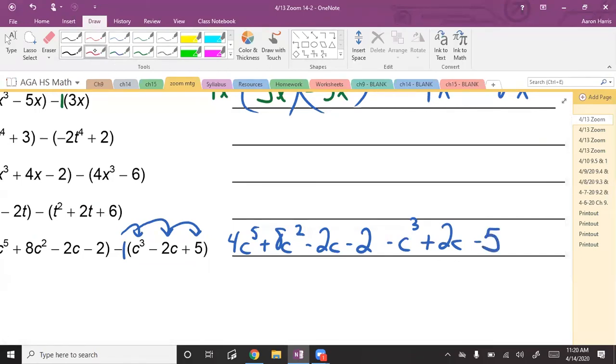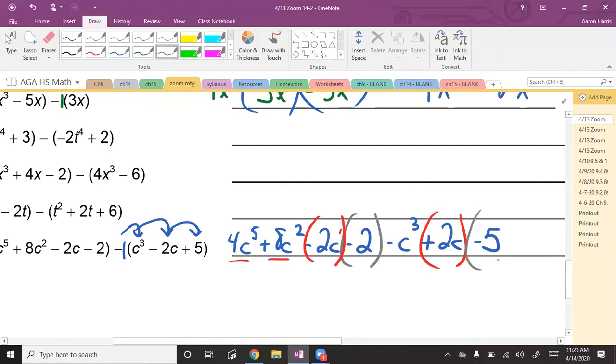Now let's go through. To the 5th, anything? No. To the 2nd, anything? No. To the 1st, anything? Yes. This one goes along with this one. Other than that, the only other ones that we can combine are the what? Constants. So now, here we go. Let's write it out. I get 4c to the 5th. What's the next highest one?